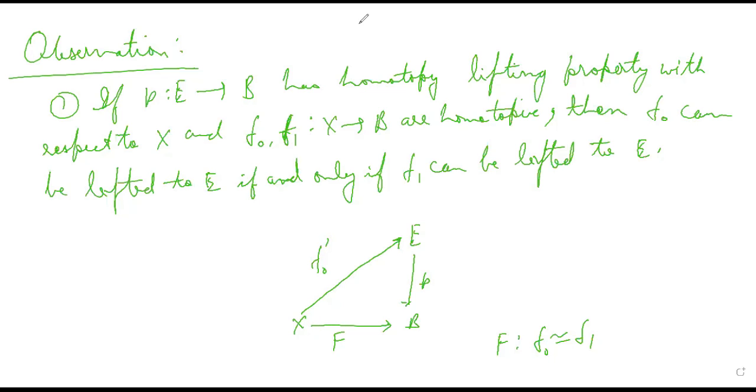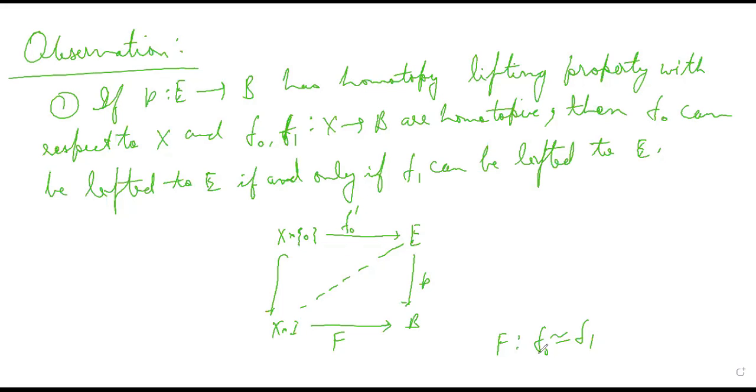Okay, just a minute. So this capital F will be from X cross I to here, right? Here this X cross, this is inclusion, and this is F naught tilde.